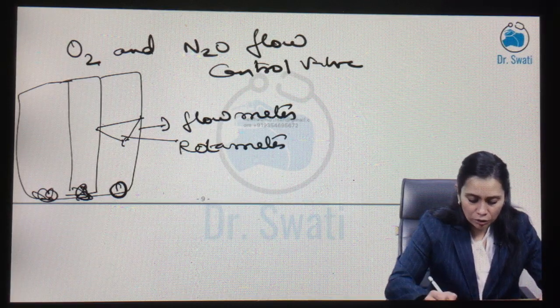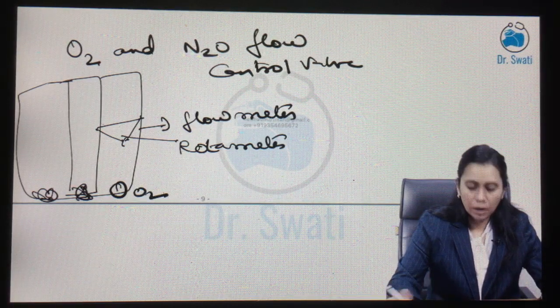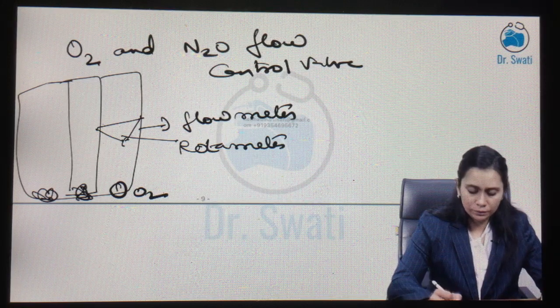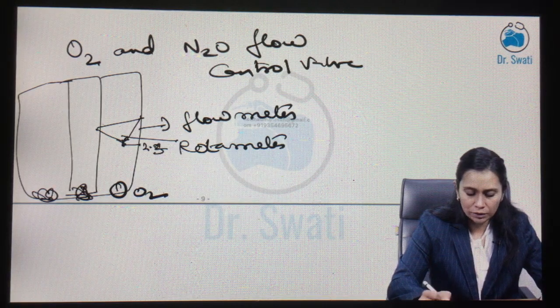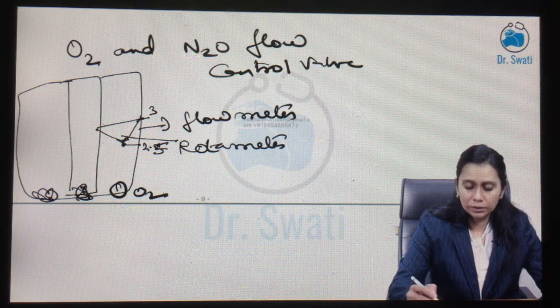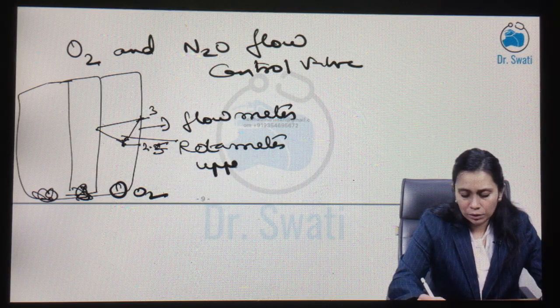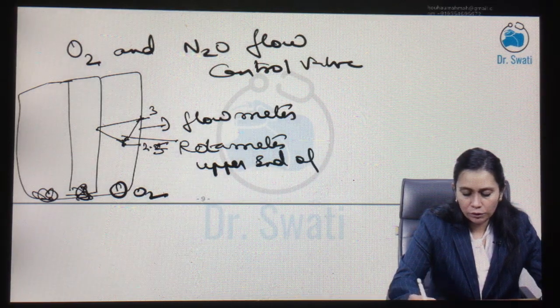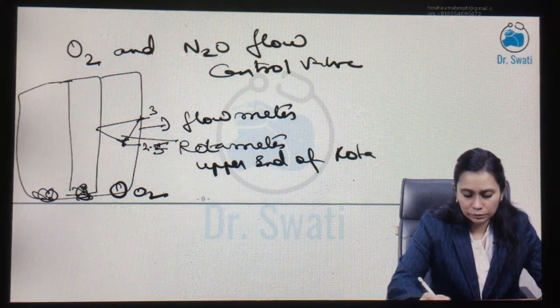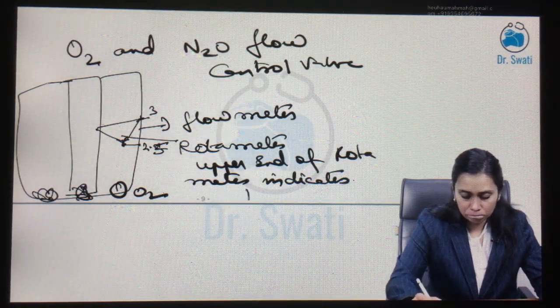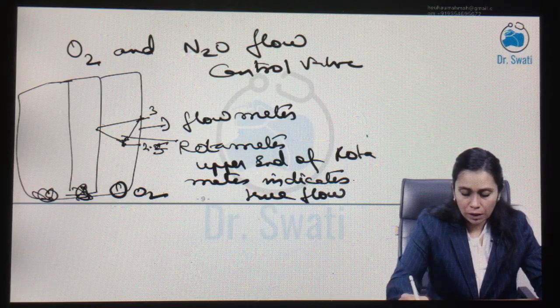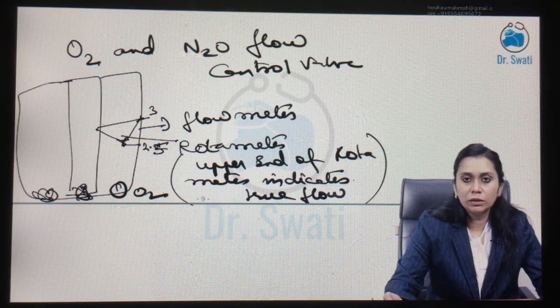Guys, I have turned on the oxygen flow control valve and started 3 liters of oxygen. The lower end of the rotameter is on 2.2 or 2.5 liters and the upper end is on 3 liters. So what is the flow? It's 3 liters. So the upper end of the rotameter indicates true flow.